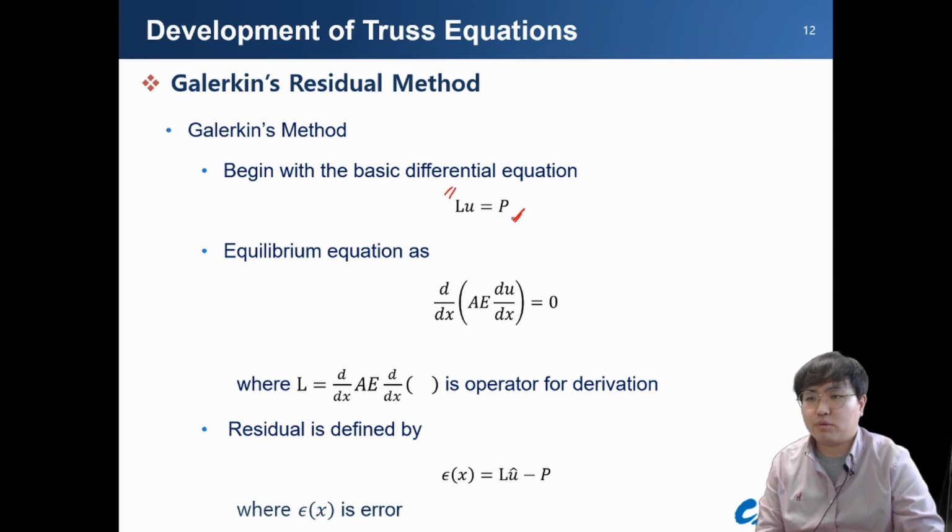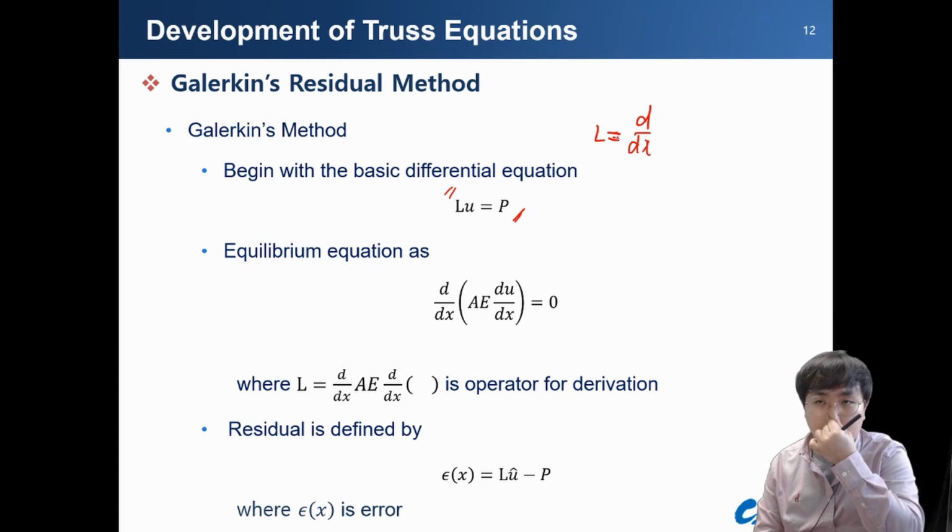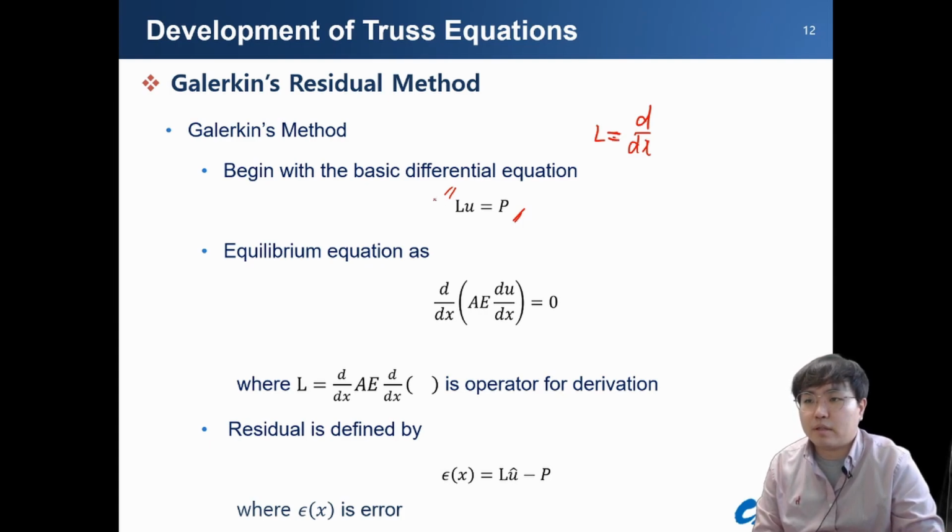We have this kind of partial differential equation. L is just some operator of the derivative. We are going to handle only one-dimensional cases. This L may be equal to the ordinary differential operator. And then P is an exact value.